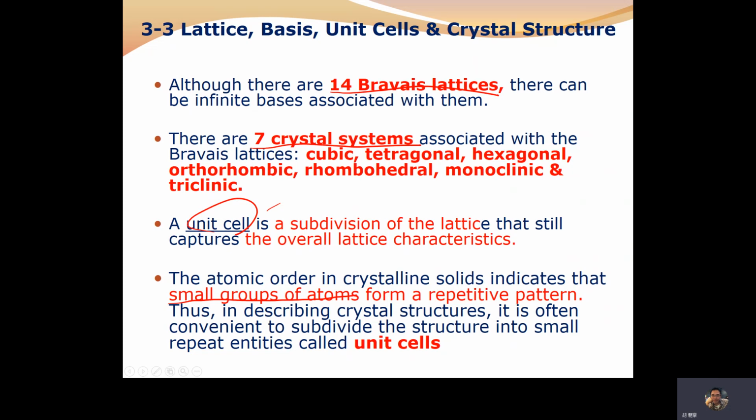Thus, in describing crystal structures, it is often convenient to subdivide the structure into small repeat entities called unit cells. The small group of atoms can be regarded as the unit cell, that is the repetitive pattern.